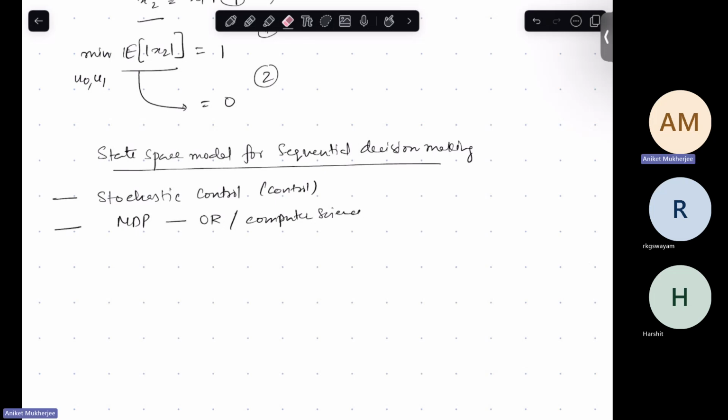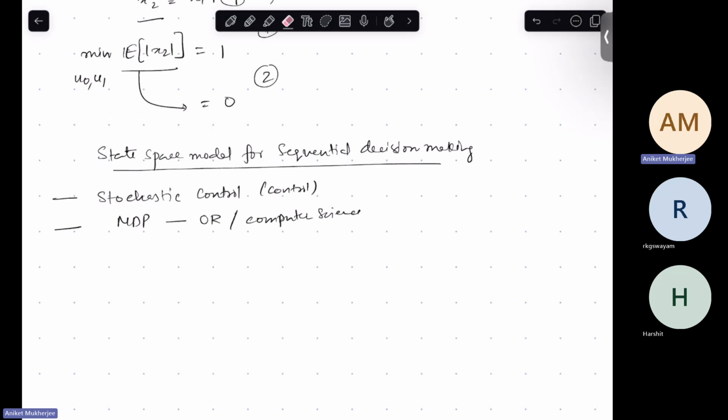The first assumption that we have here is that time evolves in discrete steps. When time evolves in discrete steps, anything that happens between two time steps is not completely observable, or not completely known to you. You only see at these discrete time instances what happens to the system.